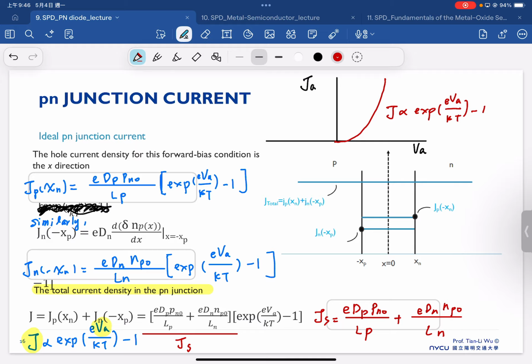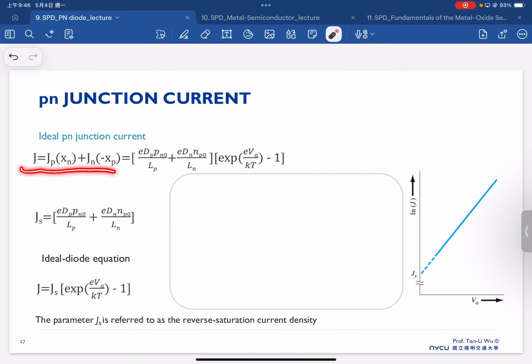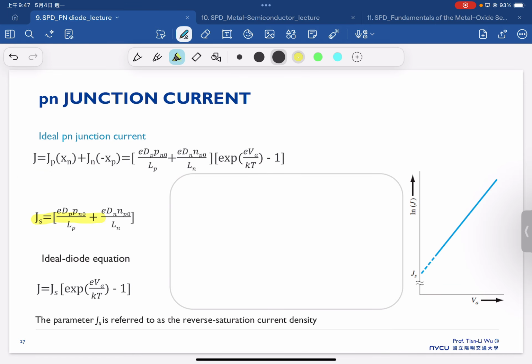And therefore, we have some further discussion on this ideal PN junction current characteristic. Since we have derived the current has such correlation, and also we have shown the Js is related to this term, and the ideal diode equation, which can be shown here.